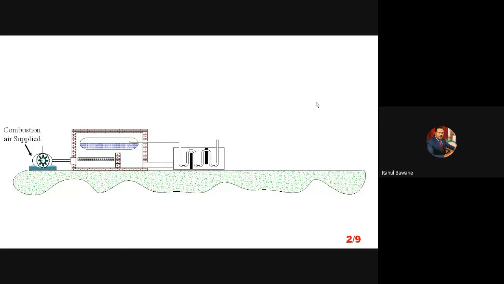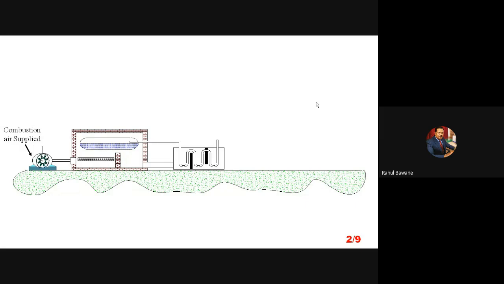This is called the economizer. In a boiler plant we never supply feed water directly into the boiler. Why? Because if each time we supply the boiler from our fresh storage, normally it is at room temperature, so we have to supply heat to raise its temperature from room temperature to its boiling point.